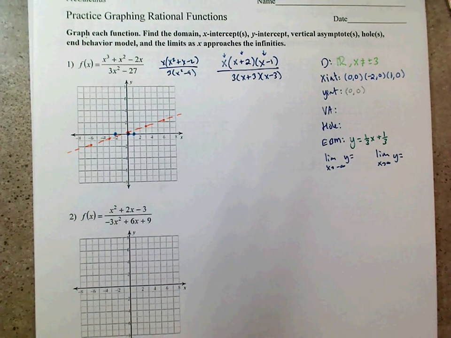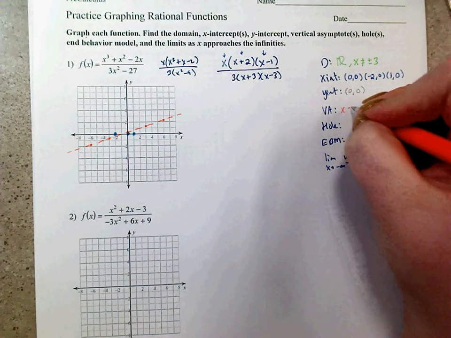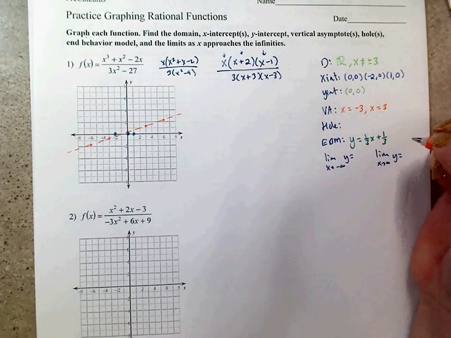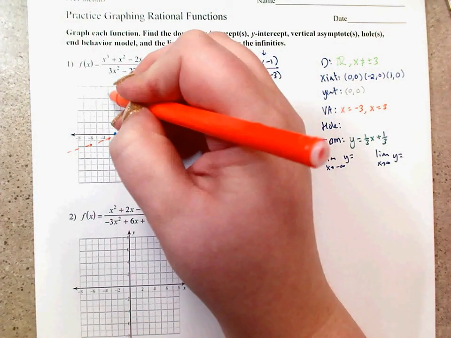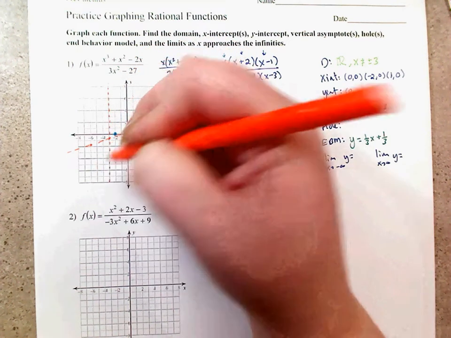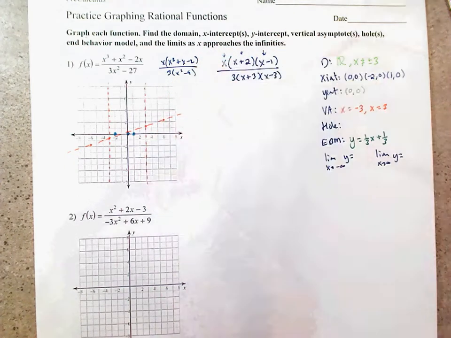Okay. Vertical asymptotes occur when only the denominator is 0. So my vertical asymptotes actually are both positive 3 and negative 3. So I'm going to draw vertical asymptotes at both of those. Okay.